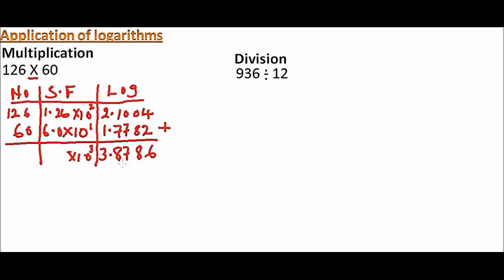Then we get the anti-logarithm of 0.8786, which will give us 7.561.